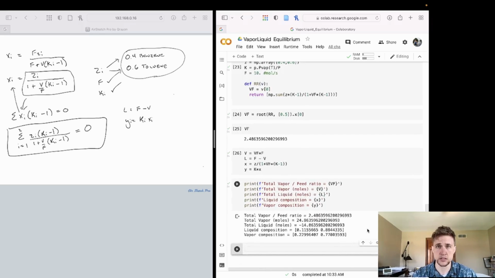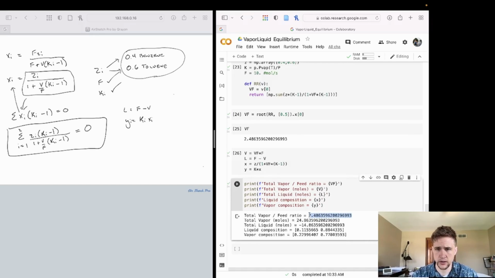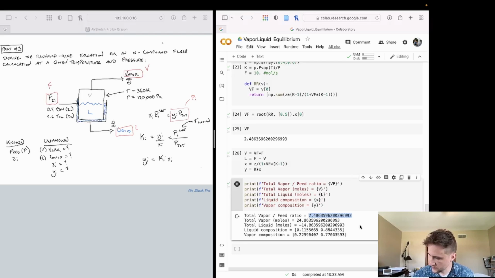And this is consistent with what we were expecting because the vapor to feed ratio is greater than 1, which is not physically possible. It just basically means, according to the Rachford-Rice equation, it's got to pump out a number. But what it actually means in reality in the flash drum is that 100% of what's leaving our flash drum, so what's coming in through our feed at the temperature that we've set, and we've changed this now to being 393 kelvins and 150,000 pascals.